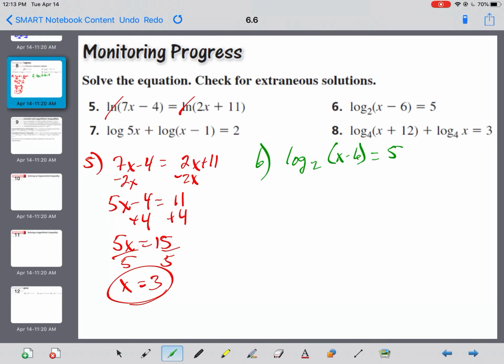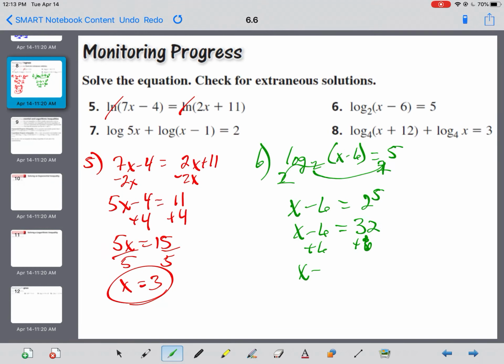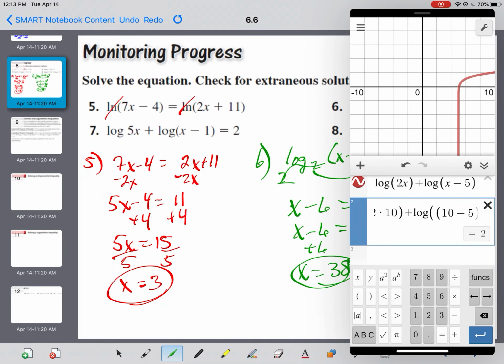Let's try number 6. Log base 2 of x minus 6 equals 5. I'm just going to scoot that over. That's just like raising it to a 2 and to a 2, right? So those drop. x minus 6 equals 2 to the 5th. So x minus 6 equals 32. Add 6. x equals 38.